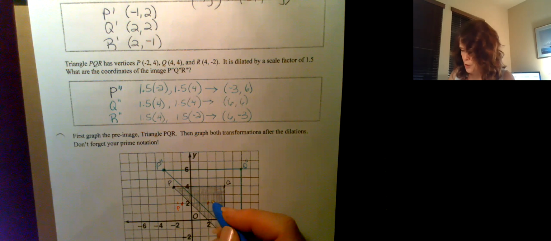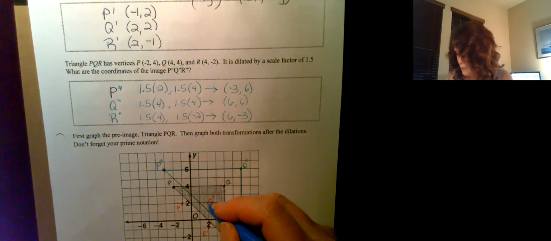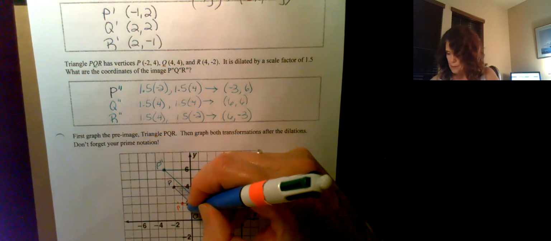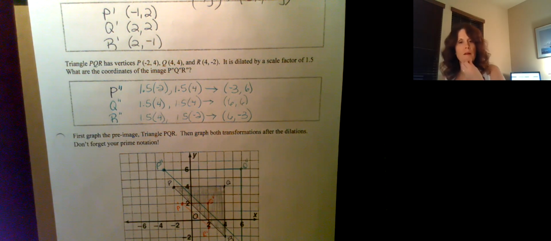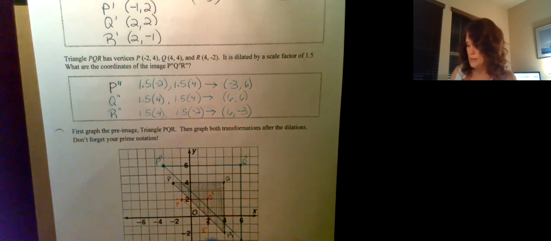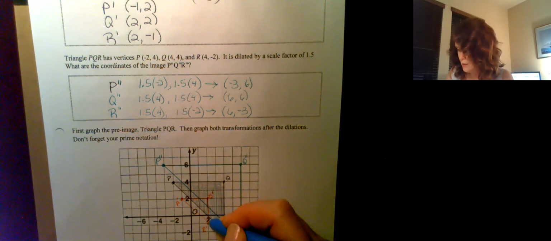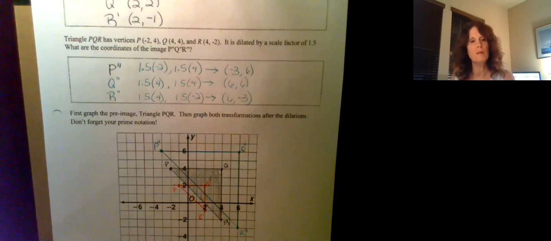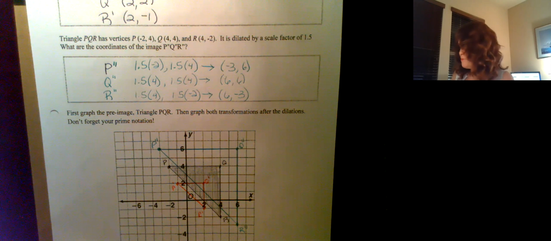This was our Q prime. And 2, -1. This is our R prime. Okay. Do you kind of get a feel for how these are going to look, considering that they are centered around the origin? Okay. That overlap is just going to happen, right?